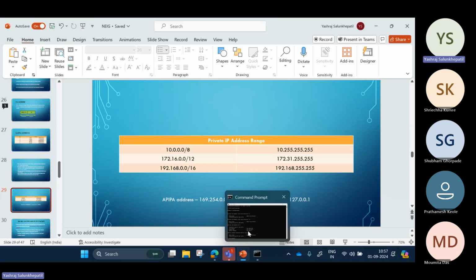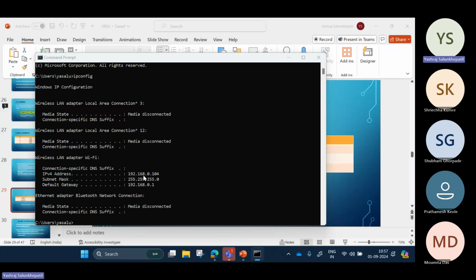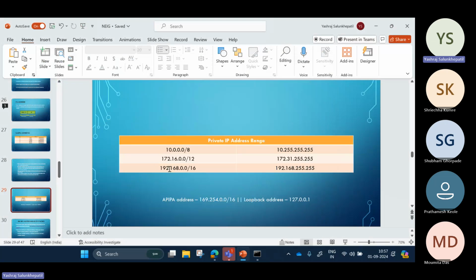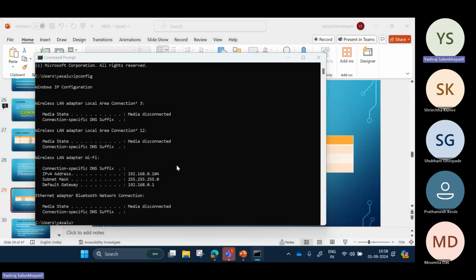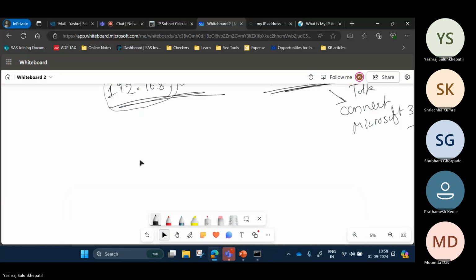मेरा देखो यहाँ पे 192.168. अगर तुम्हारा चेक करोगे तो तुम्हारा भी ऑलमोस्ट इसी रेंज में होगा. दुनिया में बस इतने ही प्राइवेट आईपी एड्रेसेस है. Anything else other than that is a public IP. ठीक है. सिंपल, क्लियर. ये जो 203 एग्जांपल लिए थे हम, 203.0.113.0, what kind of address is this?